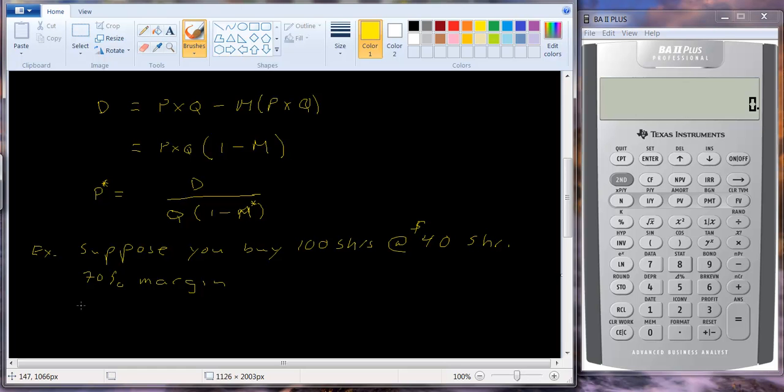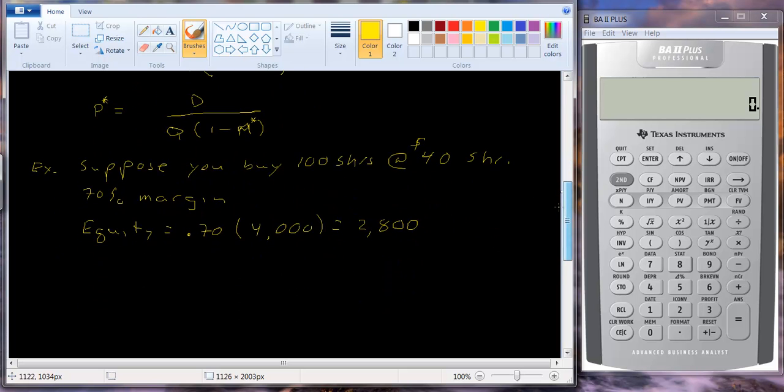So what did we say? We said your equity is going to be 70% of 4,000. We get the 4,000 by taking the 100 shares and multiplying it by 40 a share. So we get 2,800. Your debit balance would be the 4,000 minus the 2,800. So you've borrowed 1,200.